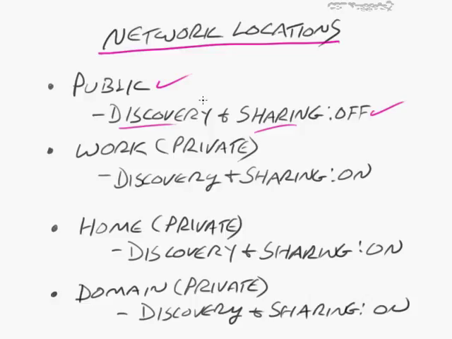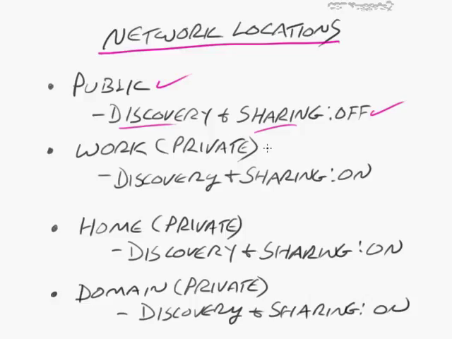So those things are going to be turned off in terms of the discovery, so I can't see those resources out there. Likewise, my own sharing is turned off, so that people will not be able to double-click their way through a network and find my resources. Now, this is somewhat secure, but obviously, a determined hacker with the right tools will still be able to find you and probe your resources and things like this.